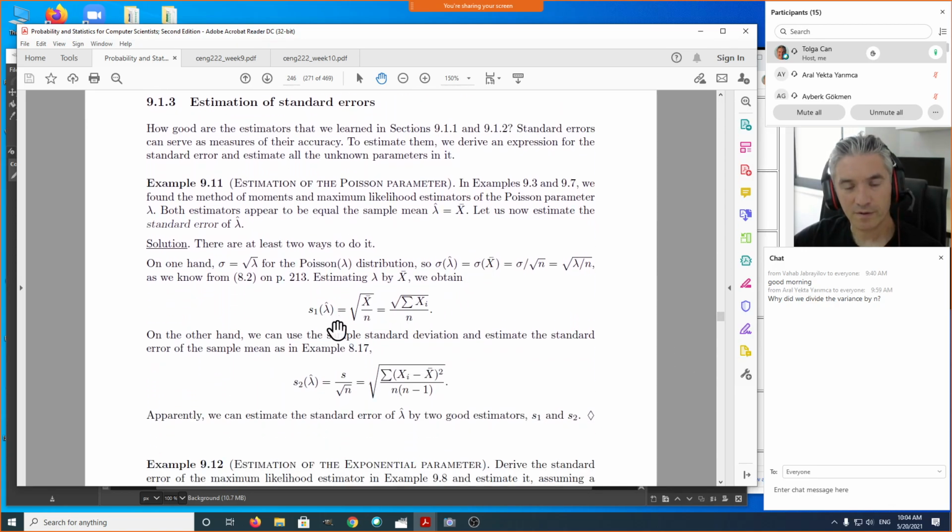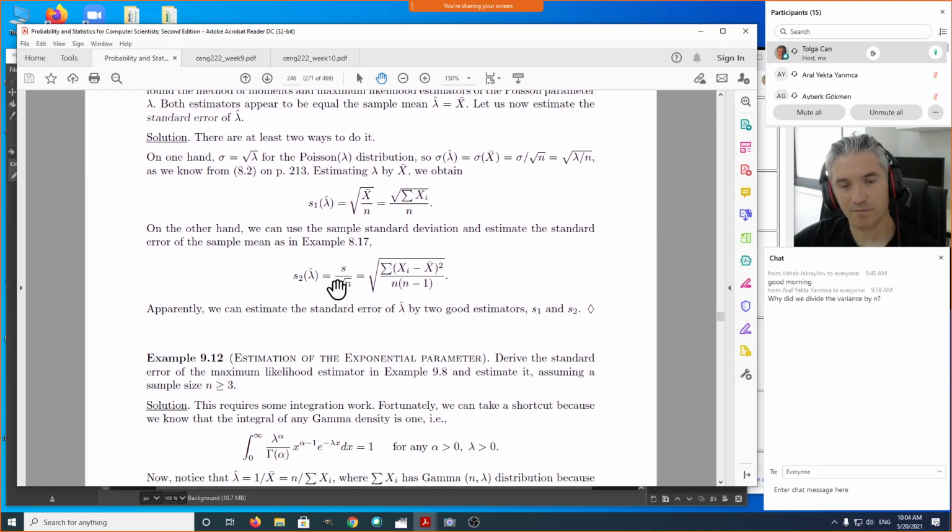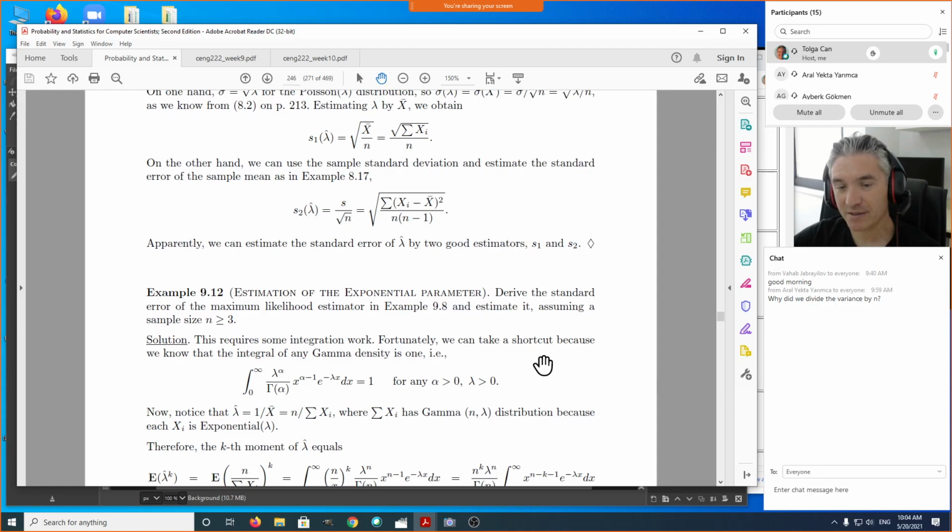So when we have a standard error of something like this, it comes from here. When we are looking at the average, it is divided by n. So it was sigma divided by n. That's why we divide the variance by n.